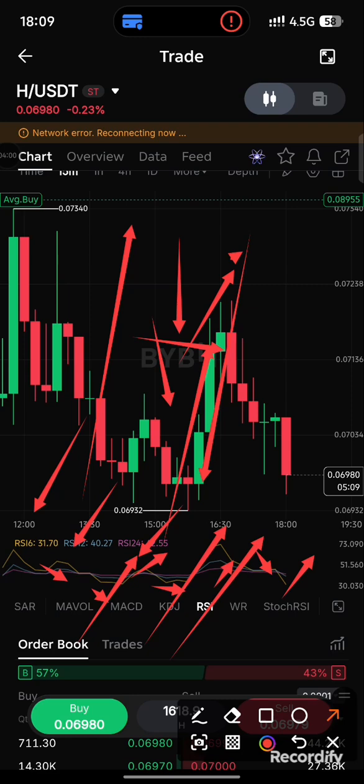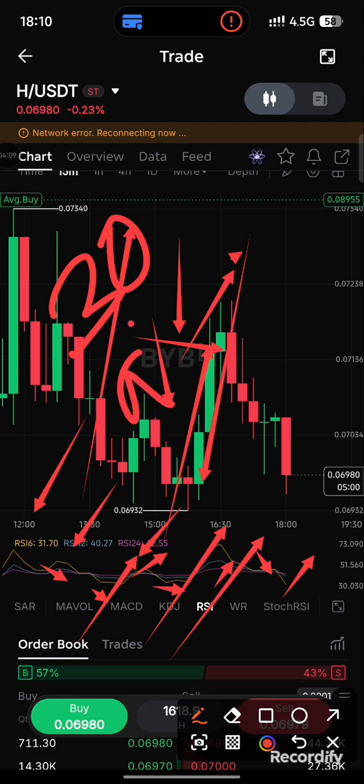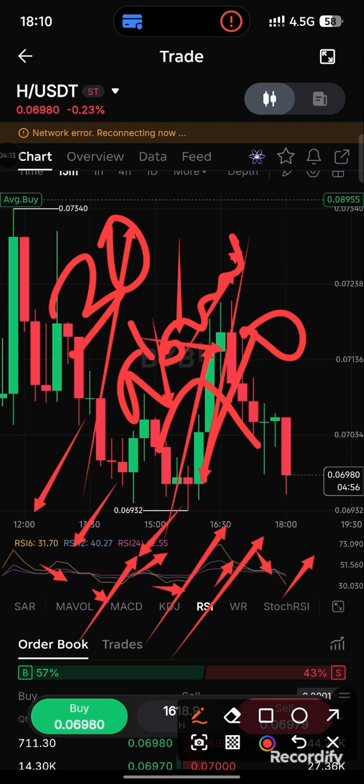Before you buy, make sure RSI is below 30, and before you sell, make sure RSI is above 70. Because when RSI is above 70, a lot of traders might want to sell, and when it's below 30, oversold, a lot of traders might find the coin interesting and start buying.